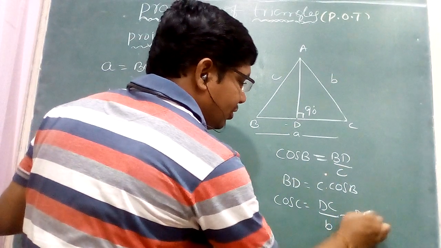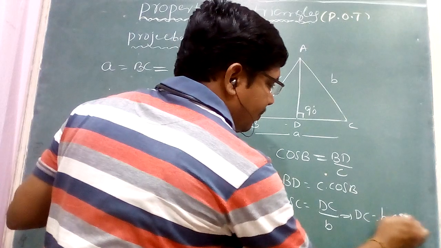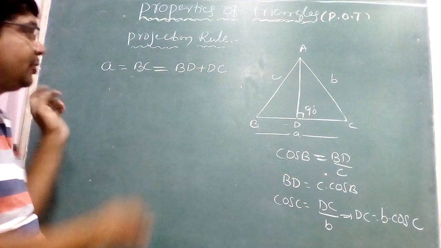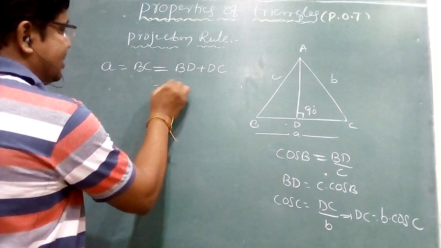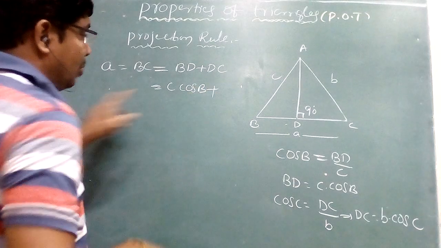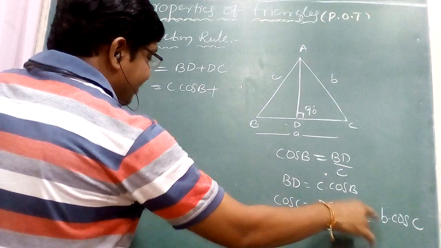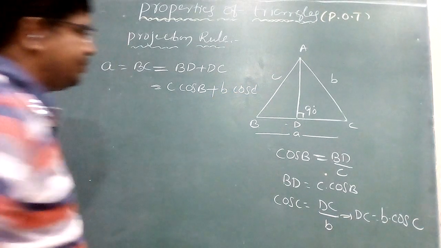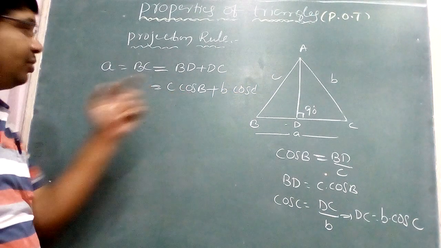That is DC is equal to b into cos C. Now the BD value is c into cos B and the DC value is b into cos C. This is small a.